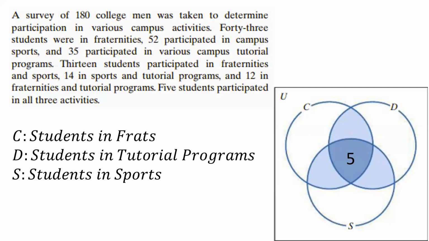Okay, I do tutorials and frats. So I see there are 12 people that are in frats and tutorial programs, while I know also 5 students are doing all 3 of these things together. And so with that in mind, I take that 12, I subtract 5, and that leaves me with 7 students that are doing just fraternities and tutorial programs.